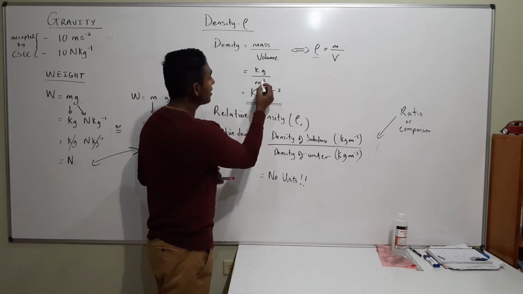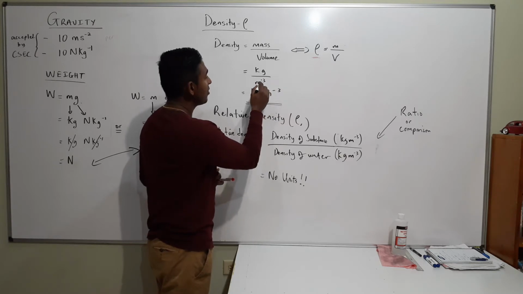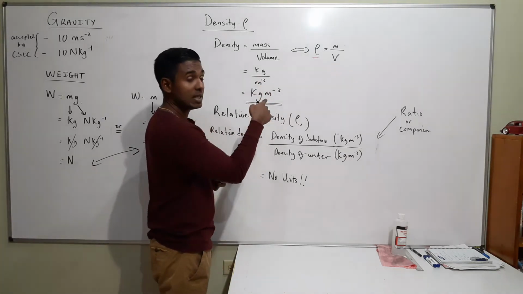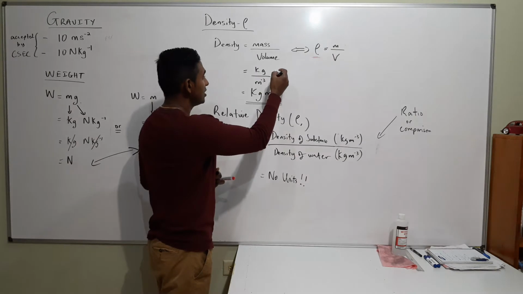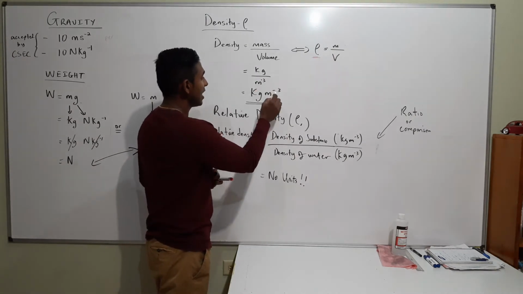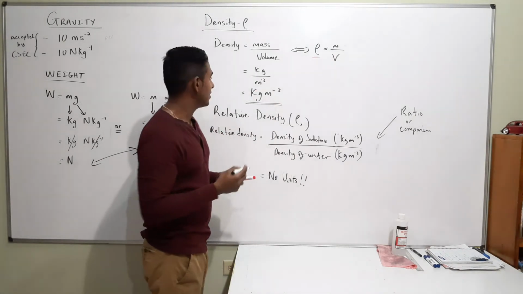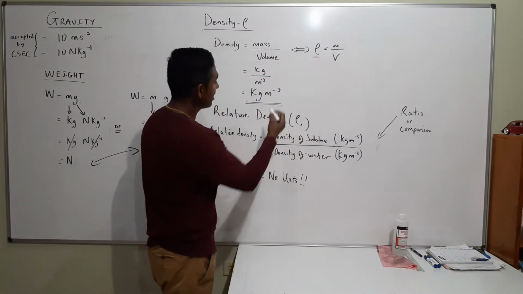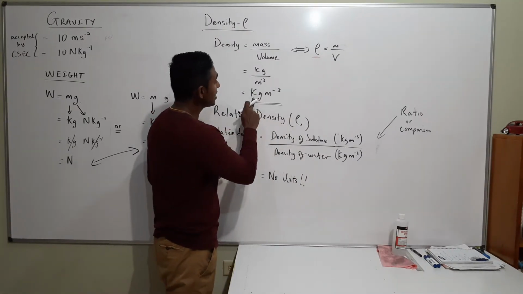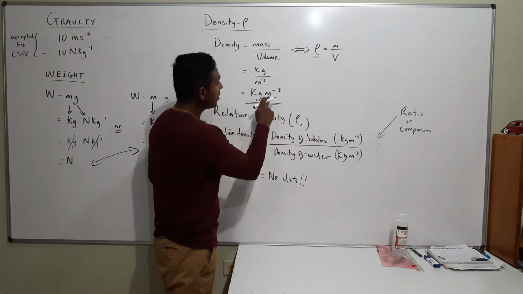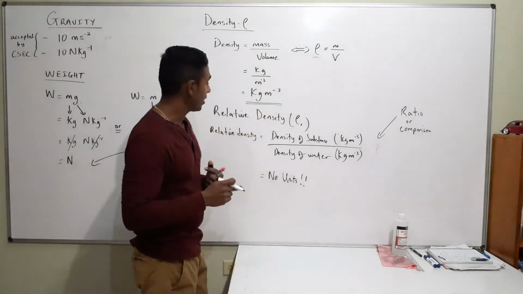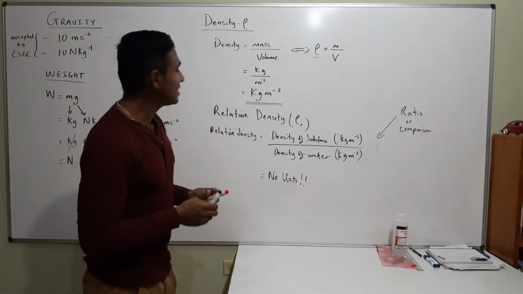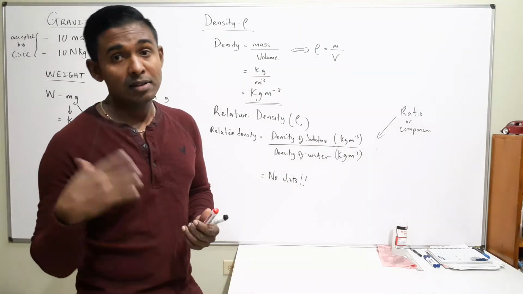Kilogram, if you bring this meter cube to the top, it's a positive 3 at the bottom in the denominator, but when you bring it up towards the numerator, the positive sign must change to a negative. As I told you, I like to think of this as per, so you read this as kilogram per meter cube. Okay, so that is density in a nutshell.